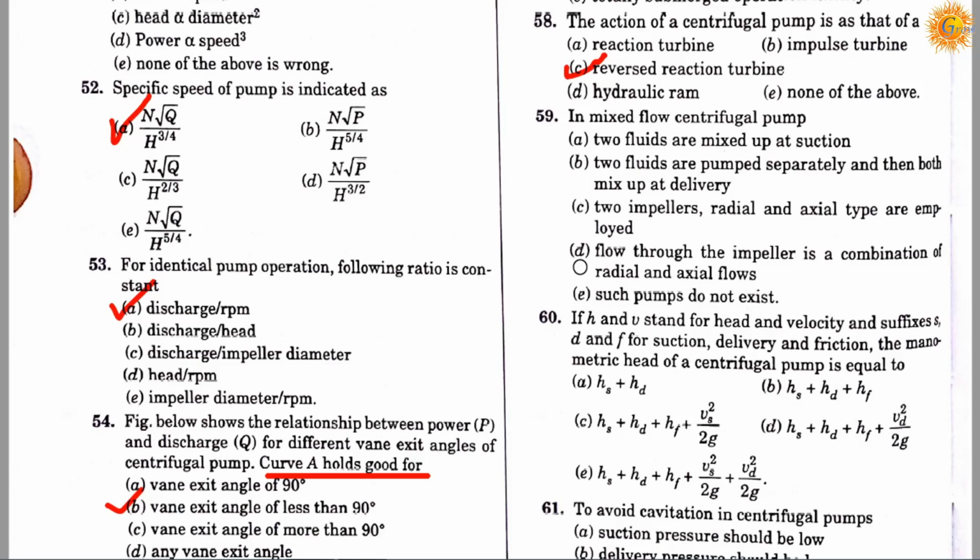So correct answer is D. In mixed flow centrifugal pump, flow through the impeller is a combination of radial and axial flow.